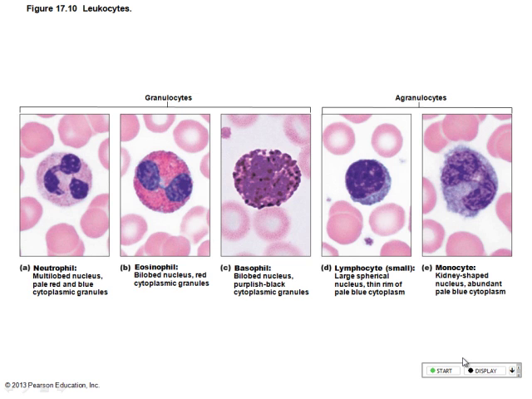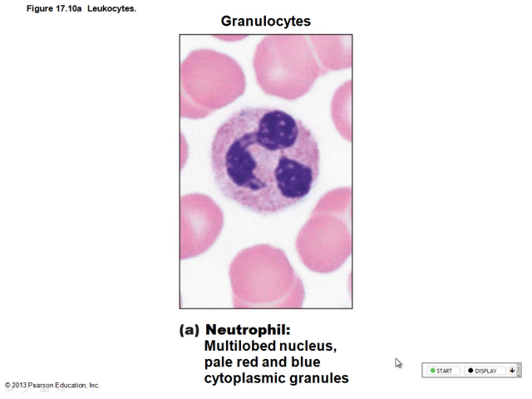So, the colors, much better picture in your book now. But the granules, pinky purple, and those nuclei that are weird, multi-lobed nuclei, what do we call that? Big long word.